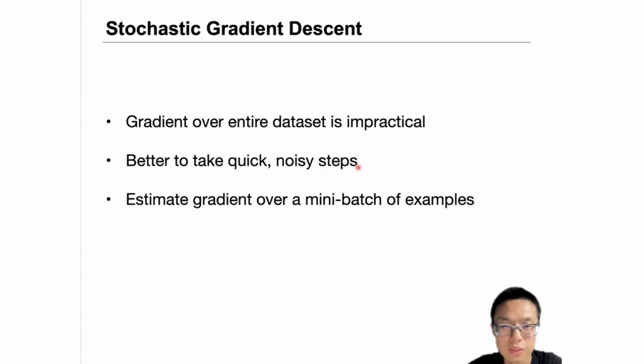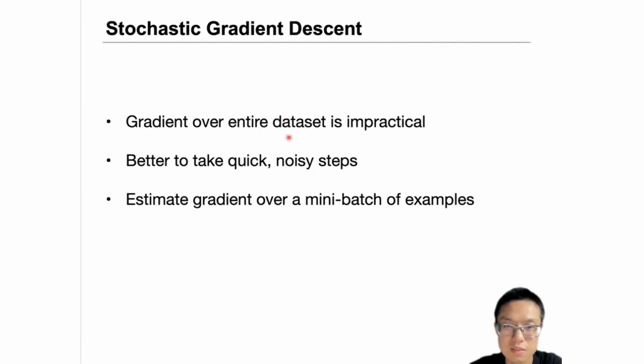And so we talked about gradient descent to optimize the network, the training process. Computing the gradient over the entire data set is impractical if we have a very large scale data set, like ImageNet, with millions of data.